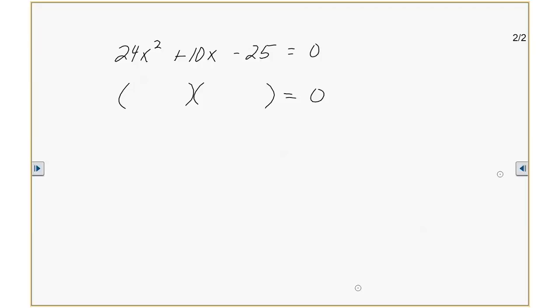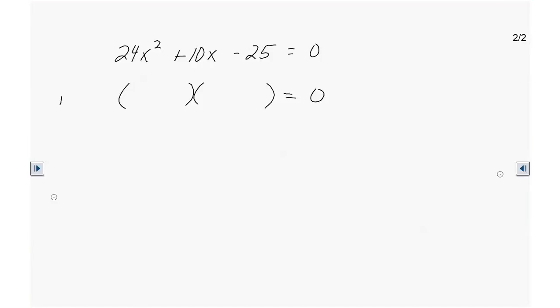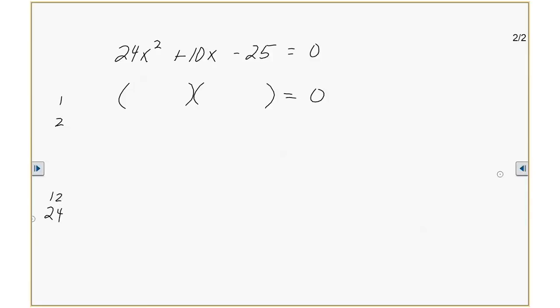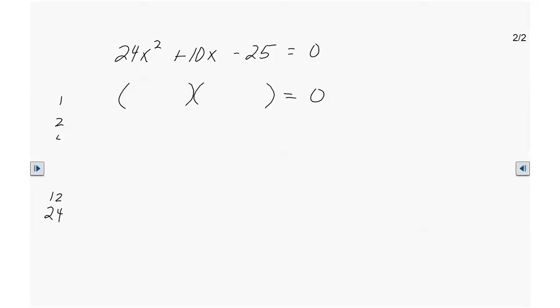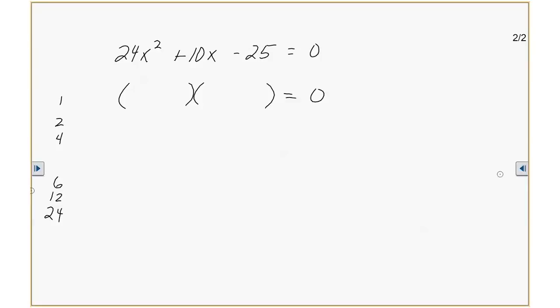Break up this term: 1 and 24, 2 and 12, 3 and 8, 4 and 6, and it starts to wrap back around, so you're done.